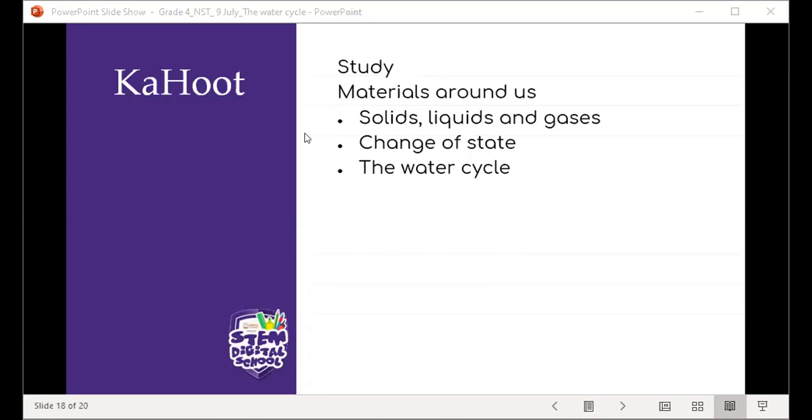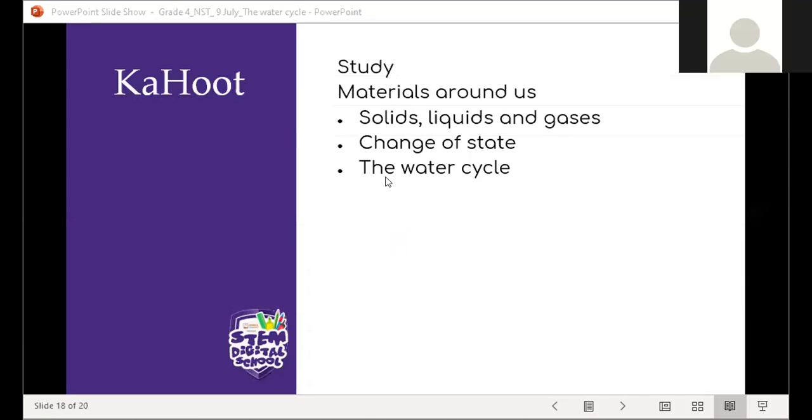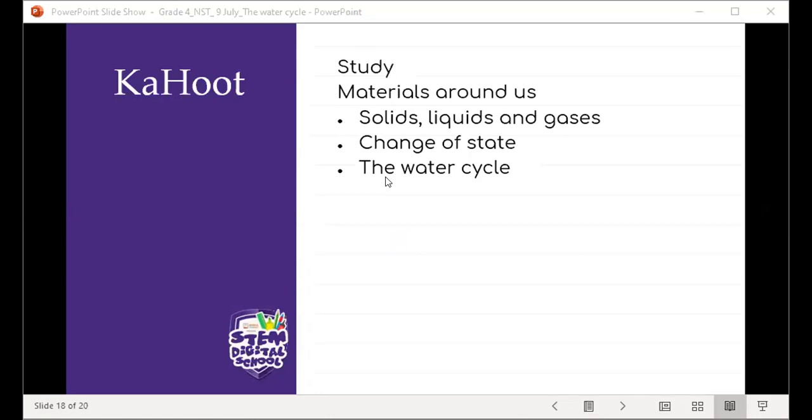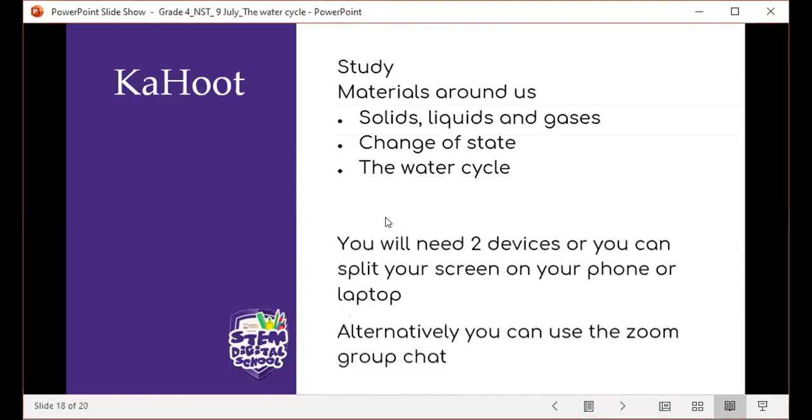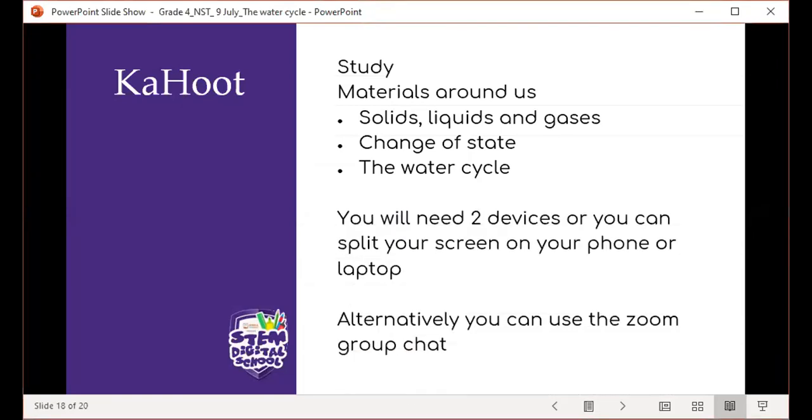Guys, please prepare solids, liquids, and gases, change of states, as well as the water cycle. Tomorrow we will be playing Kahoot. Is there anyone in the group chat who does not know what Kahoot is or how to use it? I see there's a few of us that do not know how to use Kahoot, and that is fine.